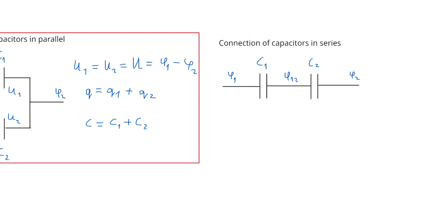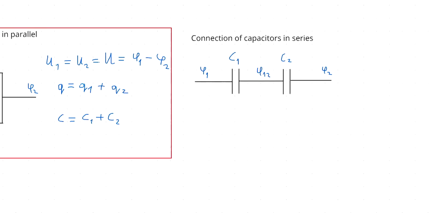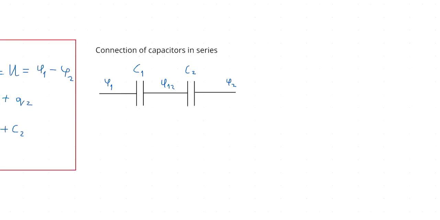Okay, and what about the potential difference? Now we have that the potential difference of the first capacitor, U1, is equal to phi 1 minus phi 1,2.